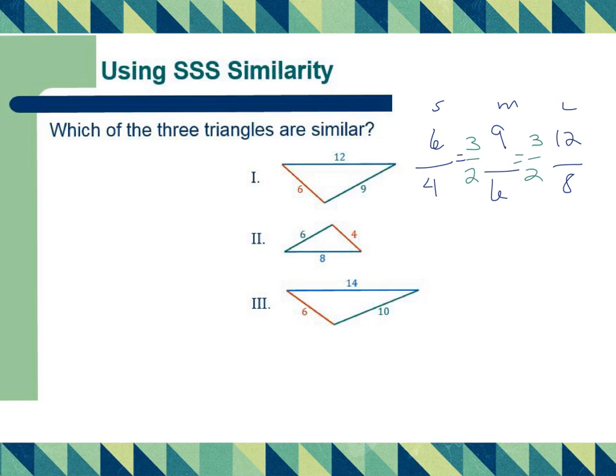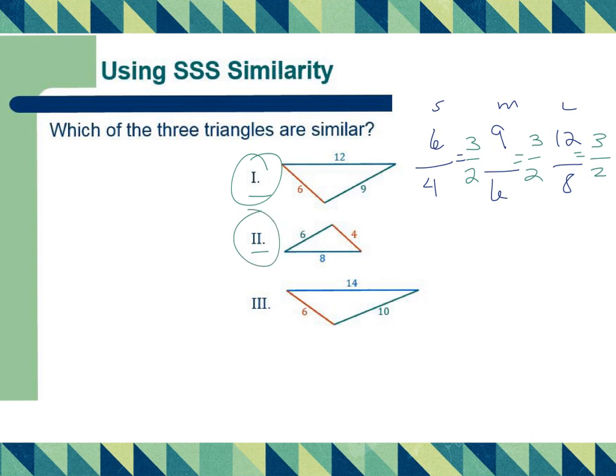Dividing those by 3 won't really help me. So if I divide both of those by 4, I get 3 halves. So all 3 of these ratios for 1 and 2 simplify to 3 halves. So we know that 1 and 2 are similar.